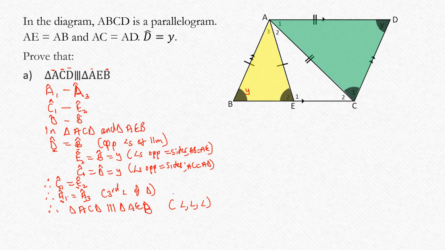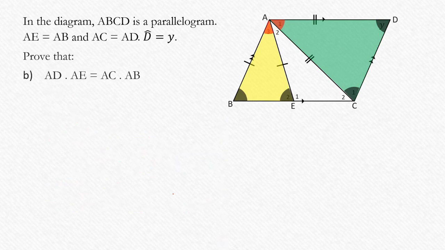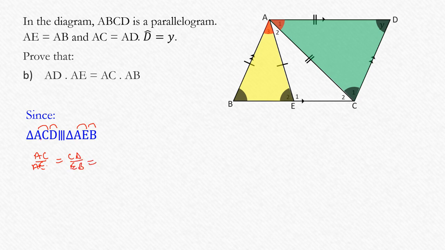Right, now let's go to the second part. What did it say? We're supposed to prove that AD times AE is equal to AC times AB. And remember, we have that triangle ACD is similar to triangle AEB. So from here, we can say that AC over AE is equal to CD over EB is equal to AD over AB.